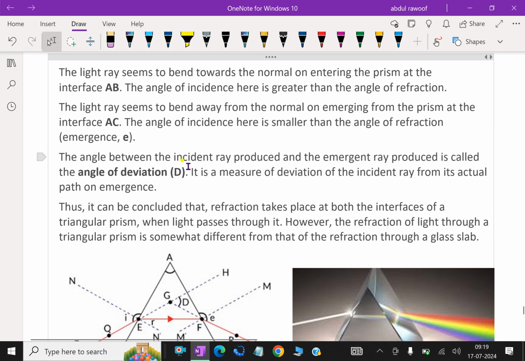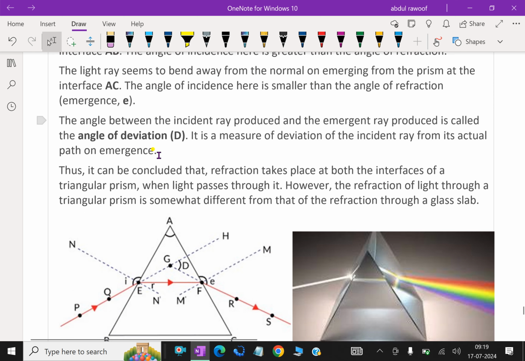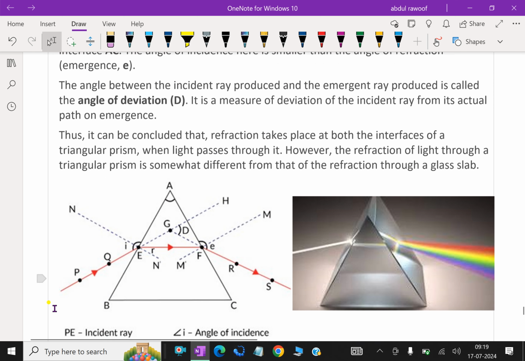That means, look at here, the light ray seems to bend towards the normal on entering the prism at the interface AB. This is the incident ray, and from the normal it is called incident angle I, and it comes like this and goes to the refracted ray here.